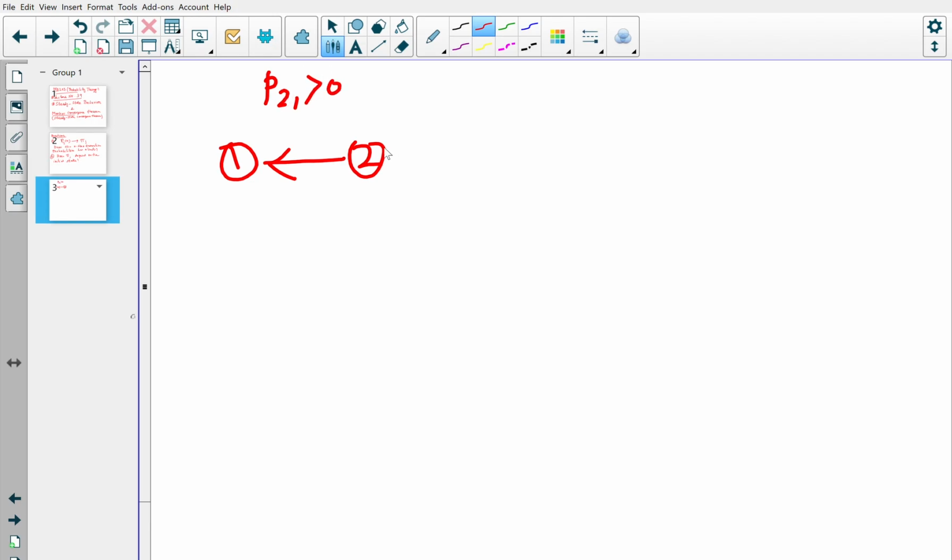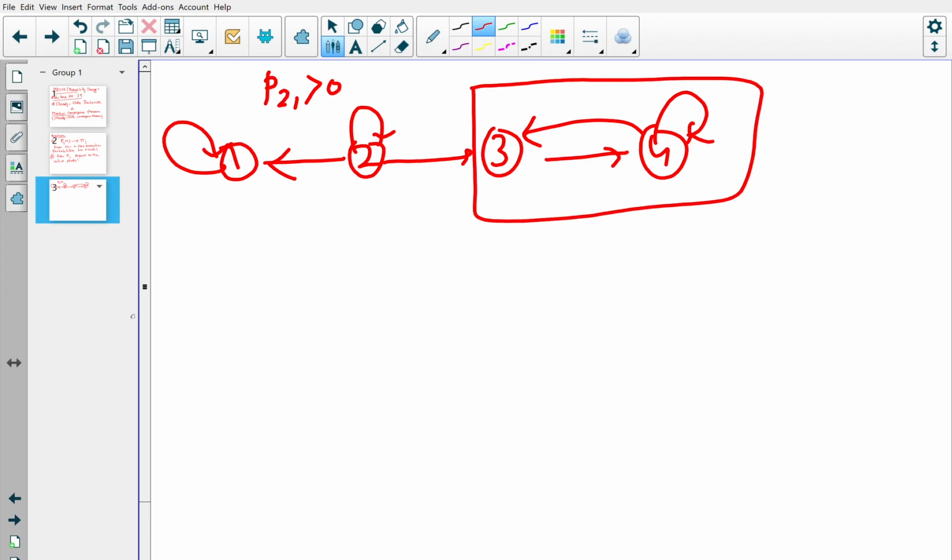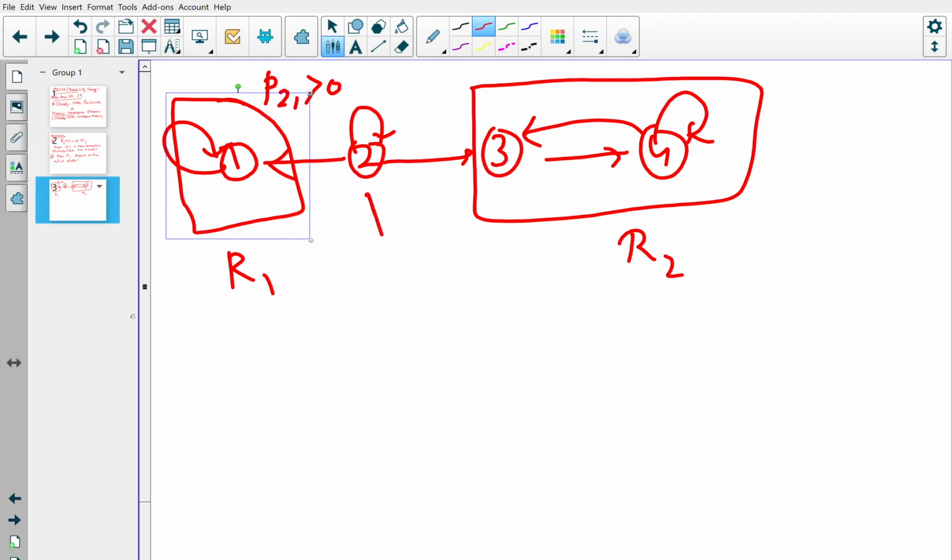Then you have states 3 and 4. We already showed that this becomes one recurrent class and this becomes another, say R1 and R2, and this is T, consisting of only a single element, the transient state.